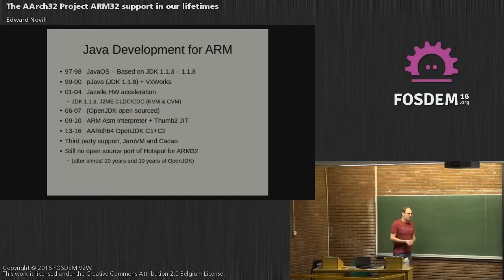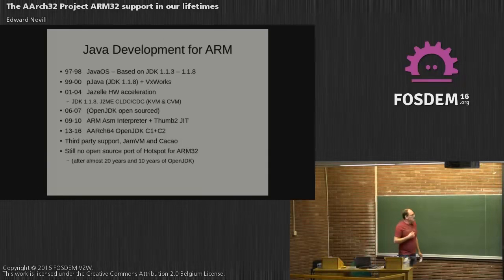Then we started the Jazelle hardware acceleration project to execute the bytecodes directly in hardware. That was a fun project to work on, and it took about 3 years to get working. That was on JDK 1.1.8. We were also looking at JavaME, CLDC, CDC, and those were based on KVM and CVM.